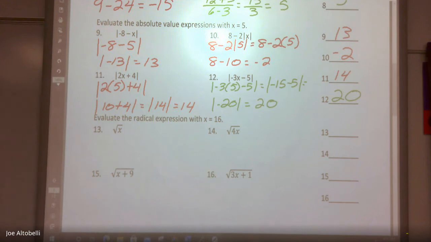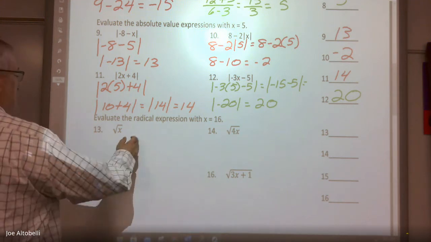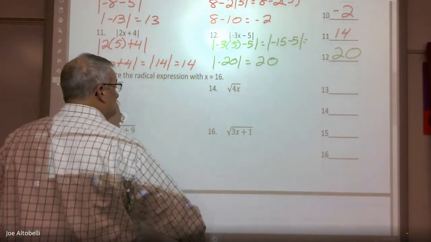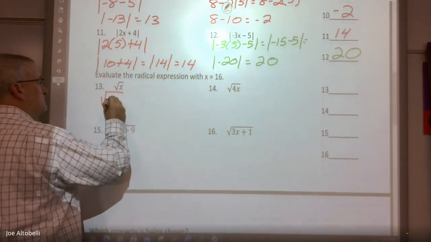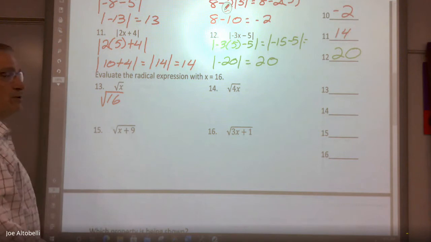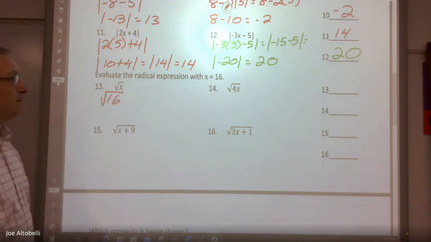Number 13. Number 13 is square root. You're asking yourself what number times itself gives me that number inside of the square root. So the square root of 16 is 4.